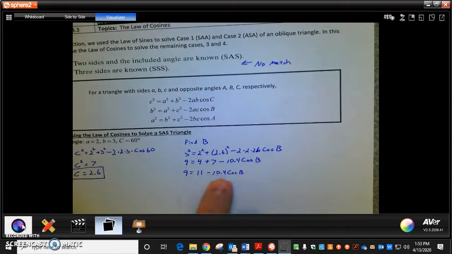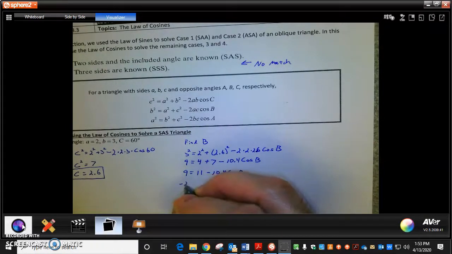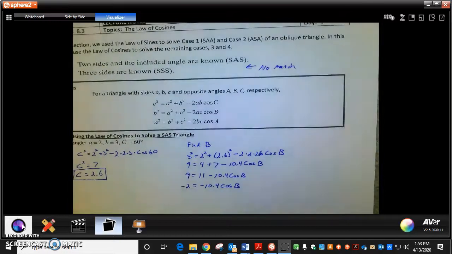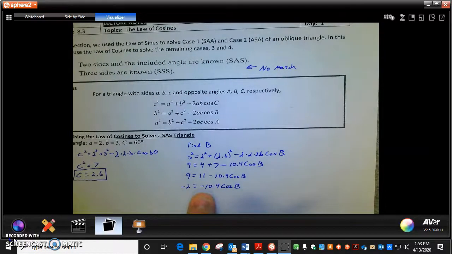This is a two-step equation. I can't combine these. I can get rid of the 11 by subtracting the 11 away. So 9 minus 11, that's going to give me negative 2. Now, I've got this negative 10.4 that's multiplying the cosine of b, so I can divide by it.